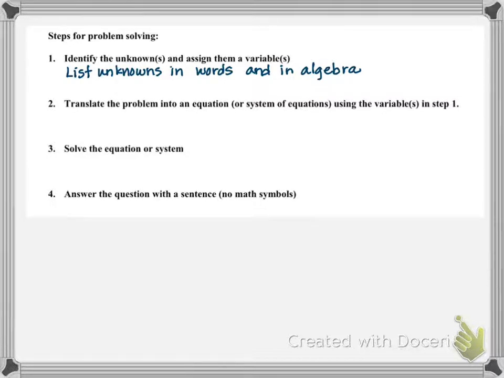If you have like 3 unknowns and you call them X, Y, and Z, then you better be able to come up with 3 equations. Otherwise, you're not going to be able to solve for any of the unknowns. So that's one of the reasons that we assign expressions to some of our unknowns instead of variables, so we don't end up with a single equation with 3 variables in it and no way to solve.